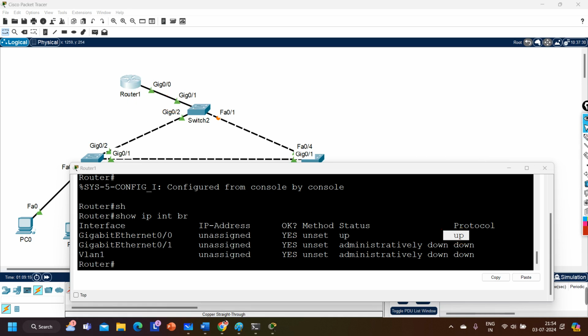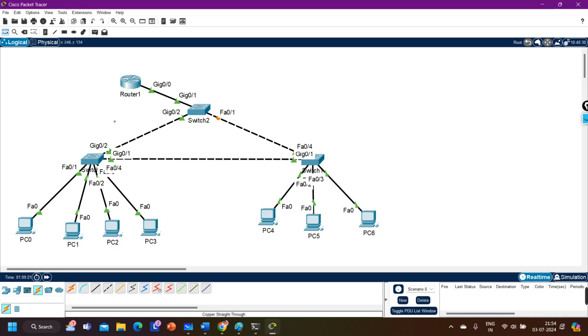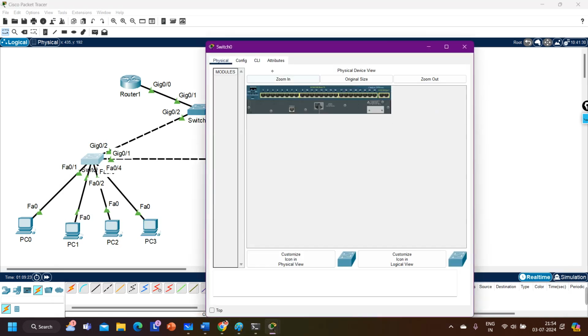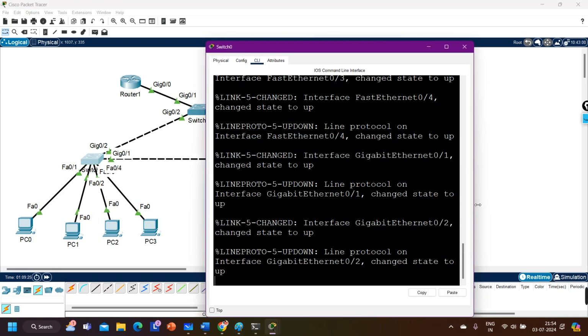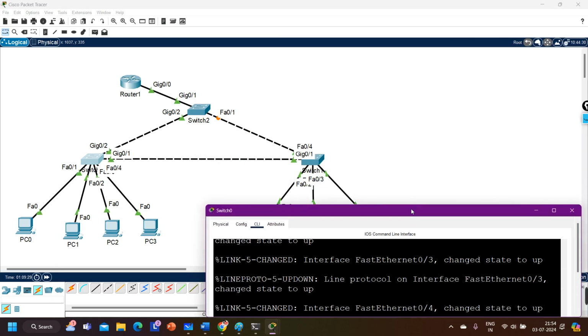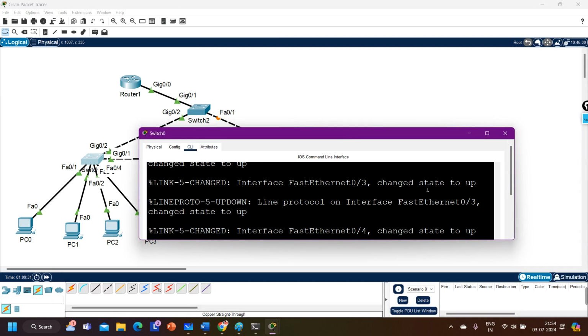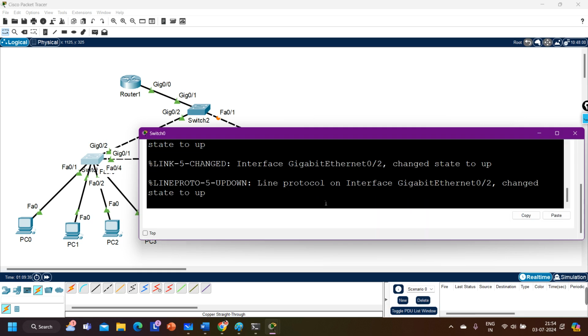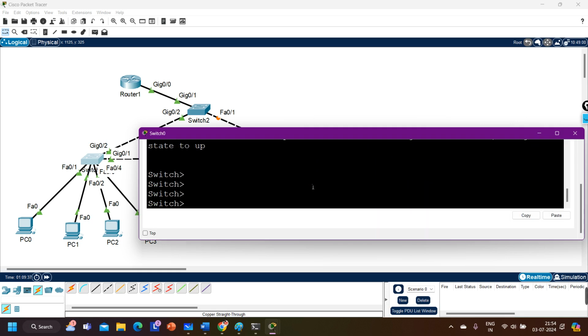So every device maintains this. Every device tracks line protocol. Like guys, on switch you can see on this switch, means remote device.